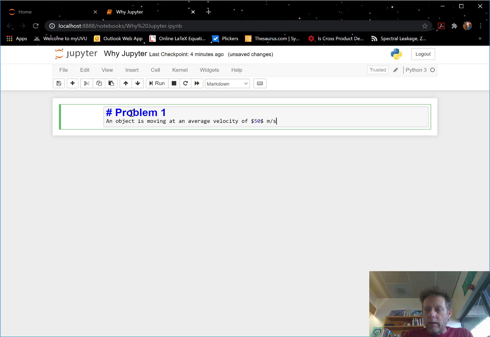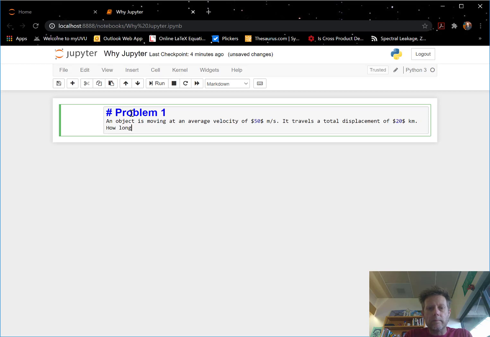It travels a total displacement, or distance, we can call that for now, a total displacement of say 20 kilometers. Okay. How long time did it take the object to travel this distance?